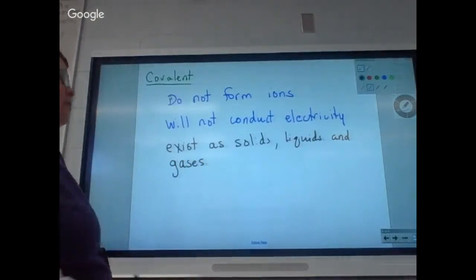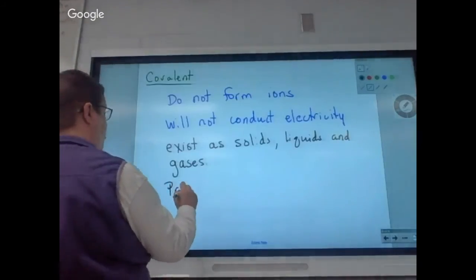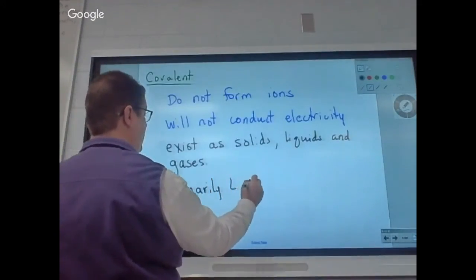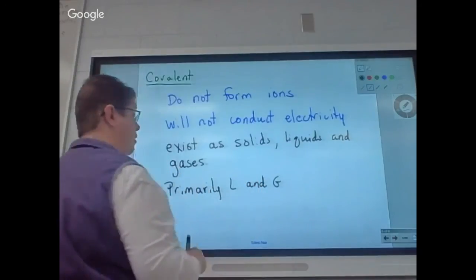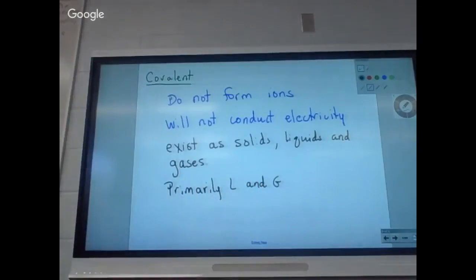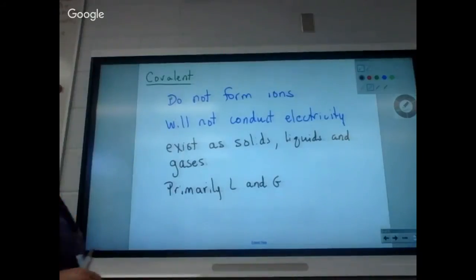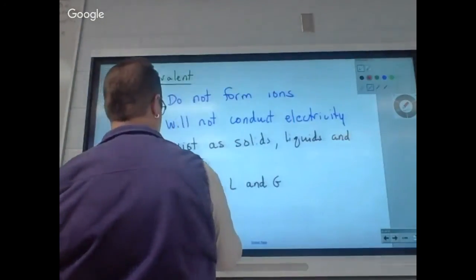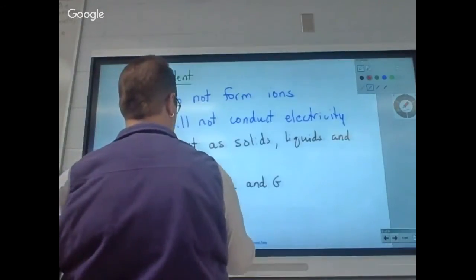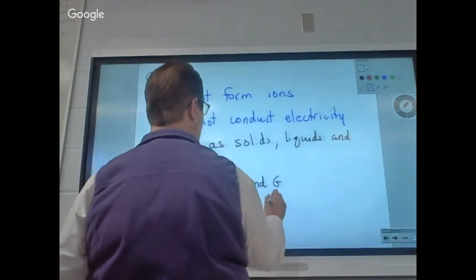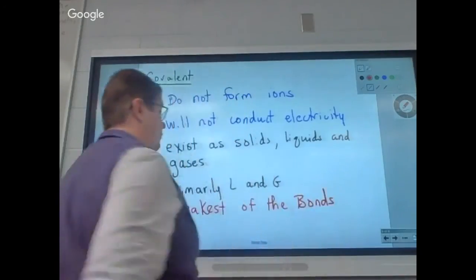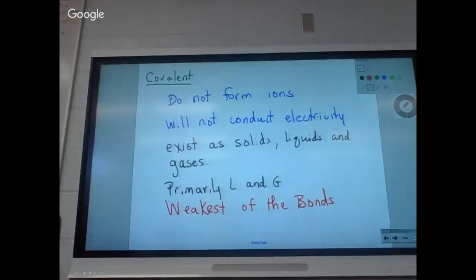I will tell you that they are primarily liquids and gases. There are some solids, but they're primarily liquids and gases. They are the weakest of the bonds.